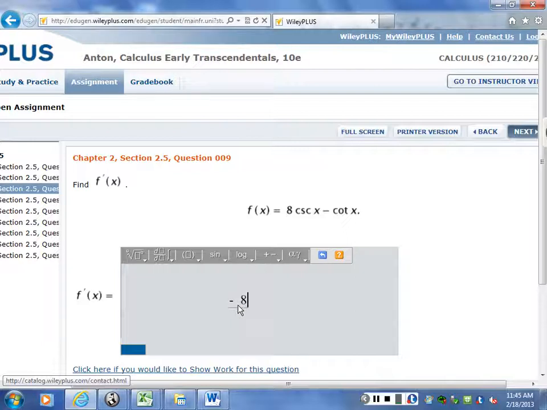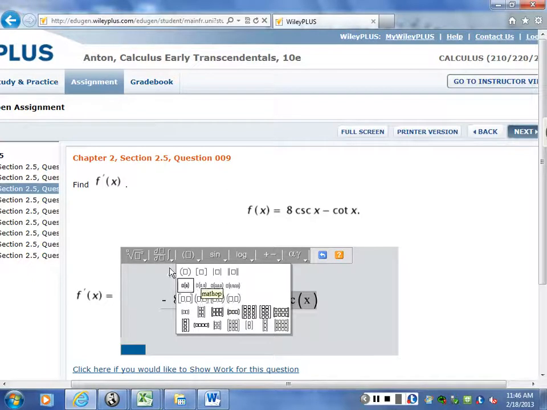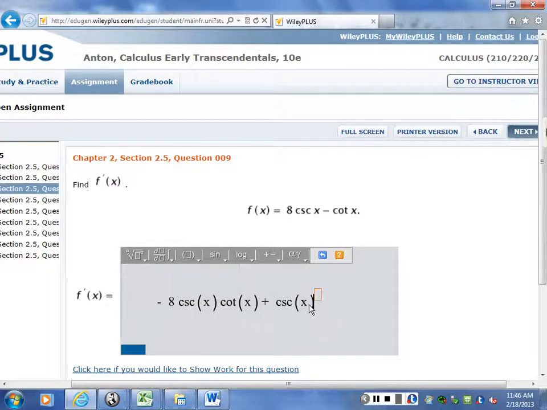Very good. So negative cosecant x times cotangent of x. What's the derivative of cotangent? Negative cosecant squared. Minus that, so I have a negative minus, so that's plus cosecant of x, and all that squared.